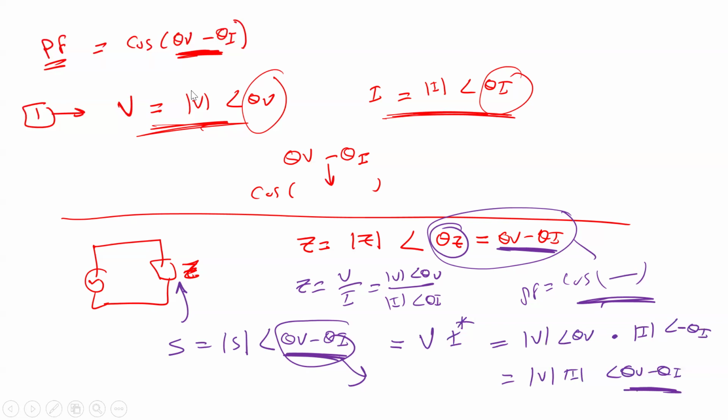Okay. Before we go to examples, we now have everything we need for the example, except only one thing. I'm going to explain it now. Even in an AC circuit, we have the conservation of power.